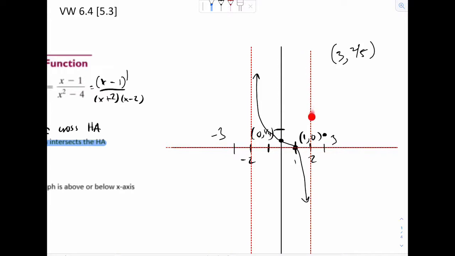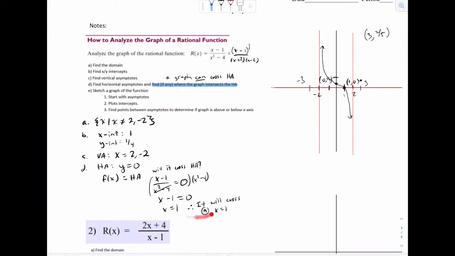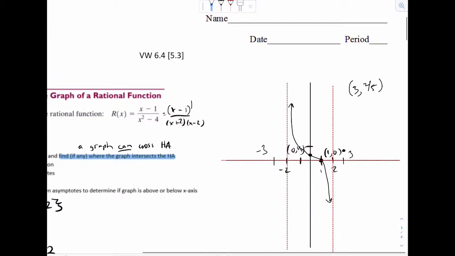You can't cross a vertical asymptote, and while you can cross the horizontal, this work right here proves it will only cross at x equals 1. So in fact, I'll add that word. It will only cross. That's important, because that means you can no longer cross the horizontal asymptote. So the graph is just going to do this. Just approach your asymptotes, and that's really important to understand.